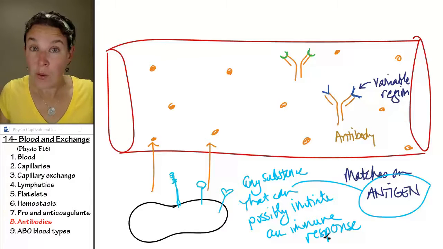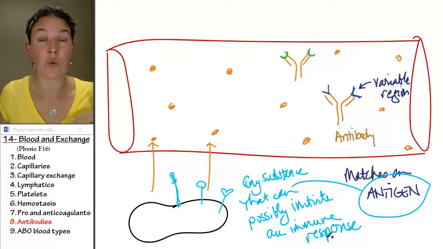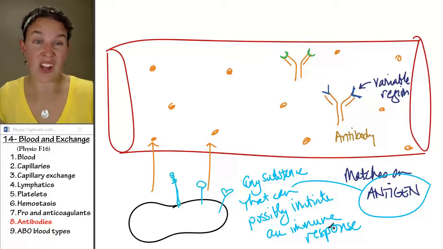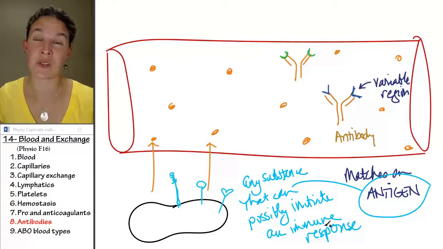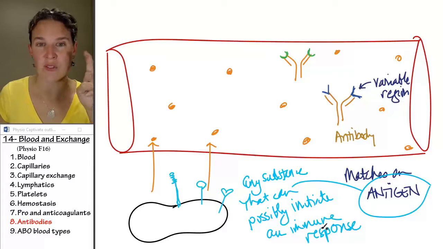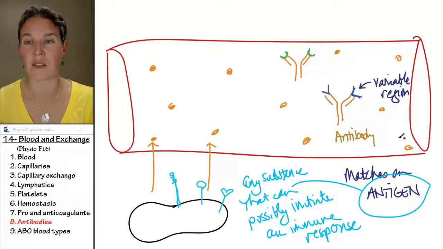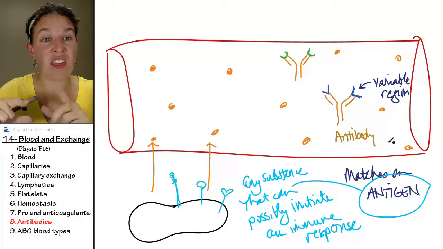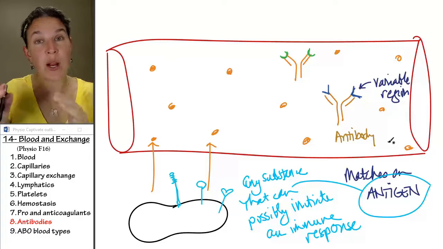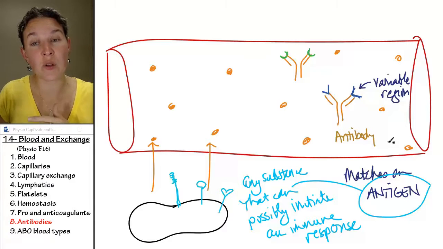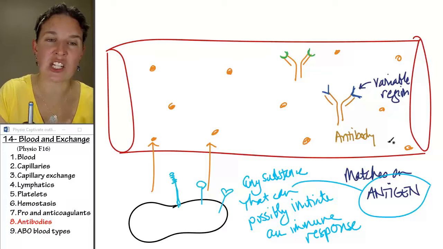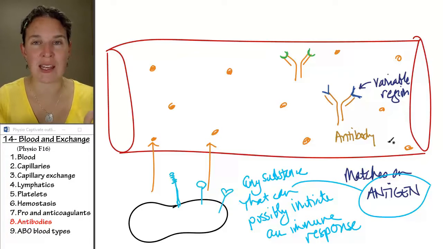But we all know that there are conditions where that's not working properly. And if it isn't working properly, then you have an autoimmune response where your immune system does attack self cells, which is obviously not a good thing. Okay, so the antibody is the thing that is floating around in your blood. It's the protein that can bind to the antigen and possibly initiate the immune response.